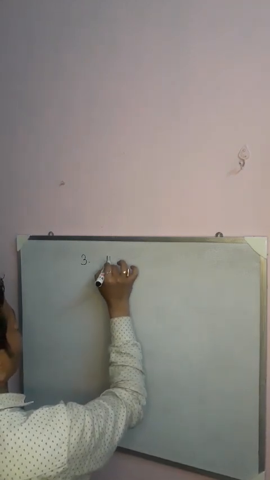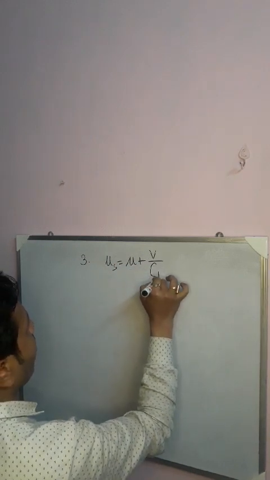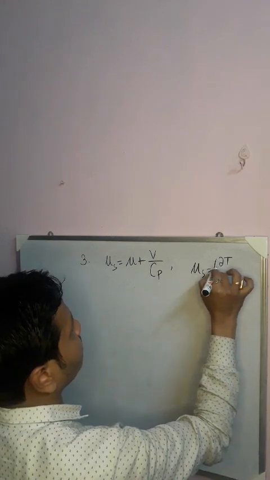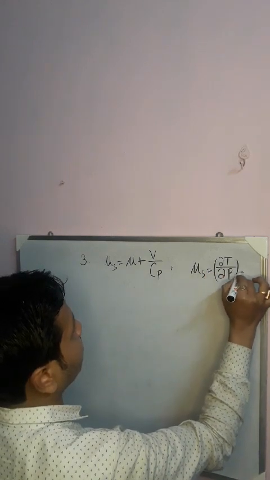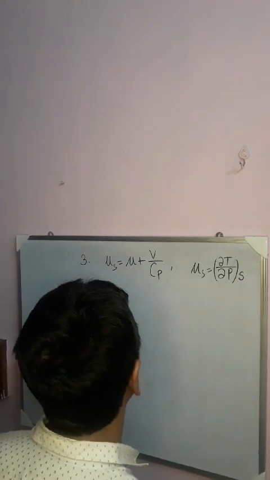We have to show that mu s equals mu plus V by Cp. What is mu s? Mu s represents the increase in temperature per unit pressure keeping entropy constant; since there is s, we have to put s here.